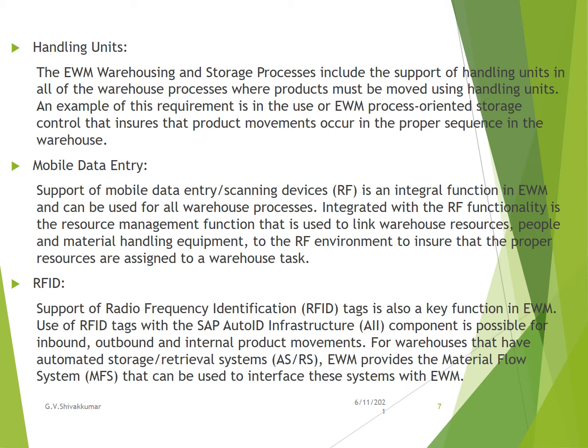We have process oriented storage control, POSC, and layout oriented storage control, LOSC, in EWM. Based on the business requirement, we need to adhere to the POSC or LOSC, and based on the configuration it is determined. That simply determines the product movement within your warehouse.